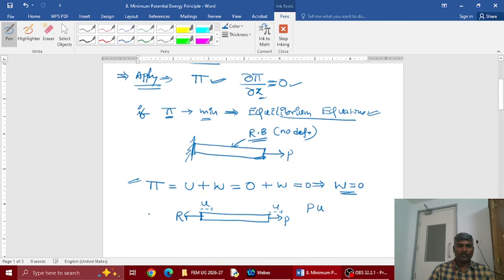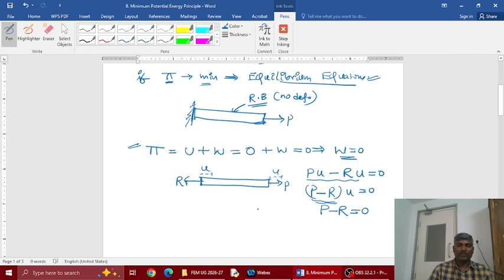Here the force P is towards right, but the reaction is towards left, so P into u minus R into u is equal to 0. This is total work done. So u common, (P minus R) into u is equal to 0. As u can't be 0, P minus R has to be 0. Which means P is equal to R. This is what you get from the equilibrium equation: sum of x forces is 0.